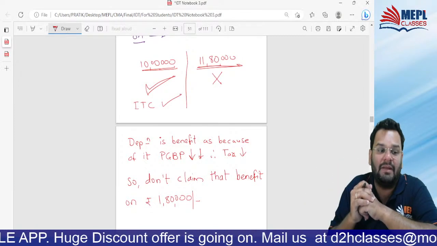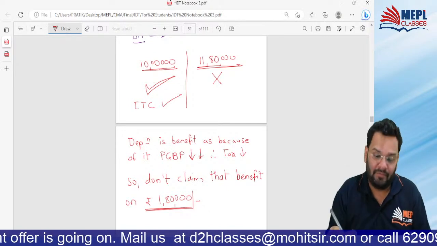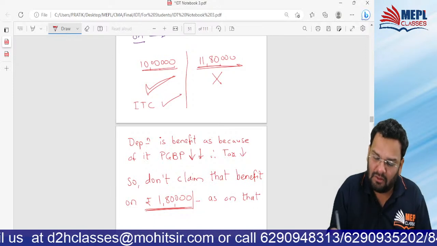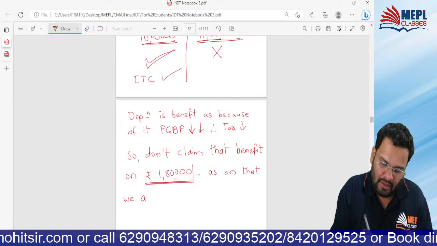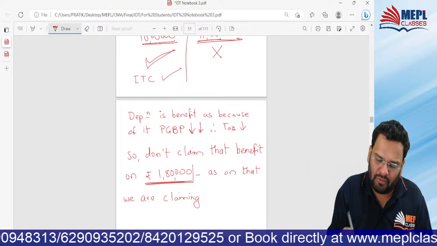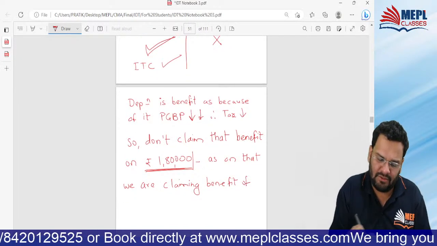Don't claim that benefit on 1,80,000. Why? Because on that we are claiming the benefit of ITC. Agreed?